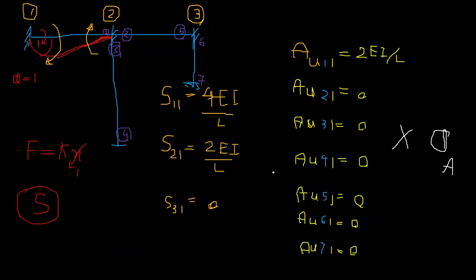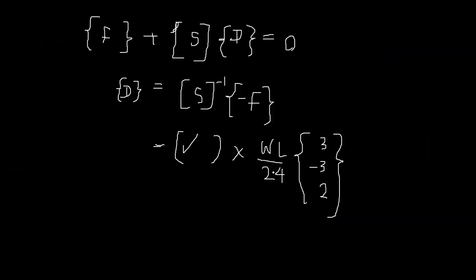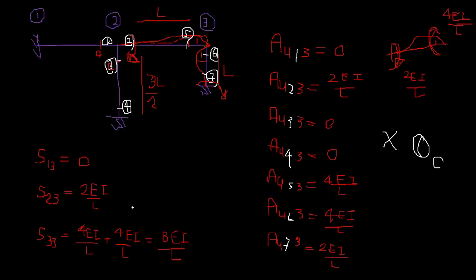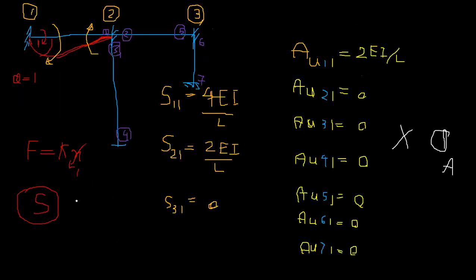So what is S? What is actually S? So you need to pick up everything. S would be how much? If you take 2EI over 3L out, so this is the first column, right?